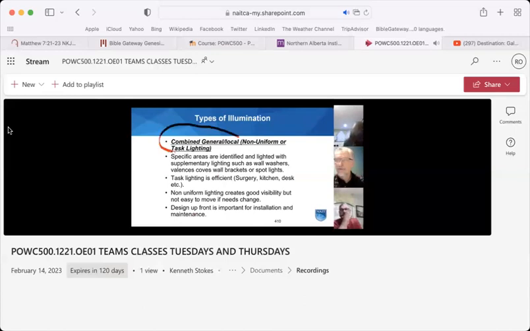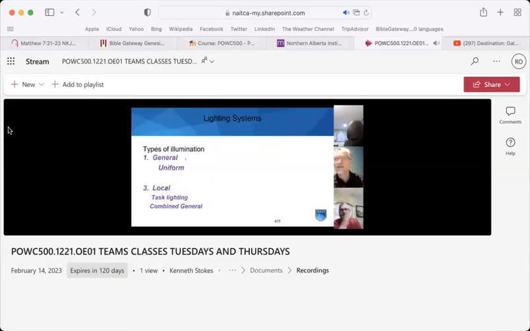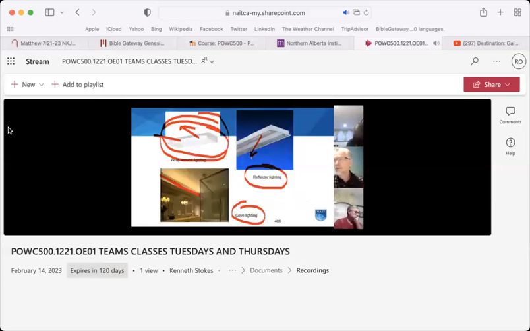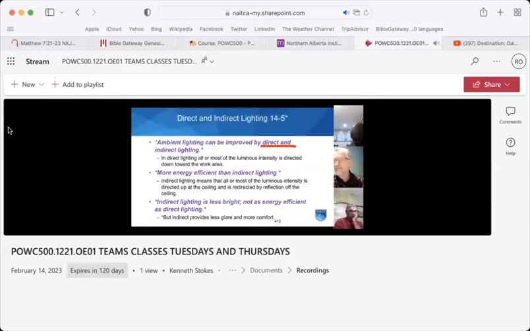There's conversation in the textbook about combinations: combined general, local, non-uniform or task lighting. So, reminder, types can be general, which is uniform lighting all over the place, or just local task lighting, put the light where you need it. And then some combination of local and general. Ambient lighting can be improved by direct and indirect. So some combination of all these things might be the best lighting.